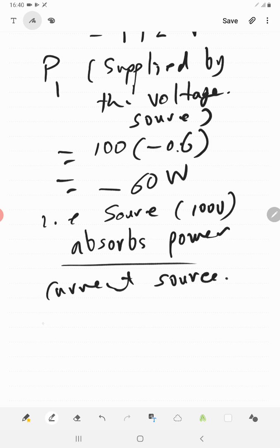Let's say this is equal to P2, so it should be Vx times the current supplied by the current source, which is 2 amps.